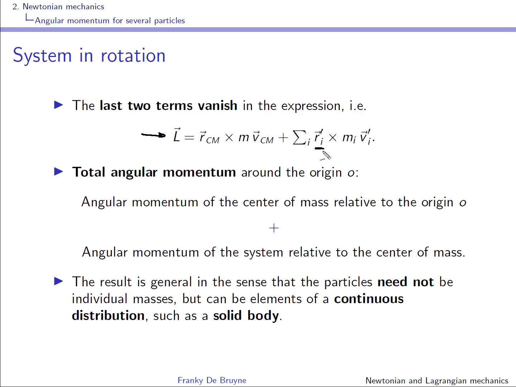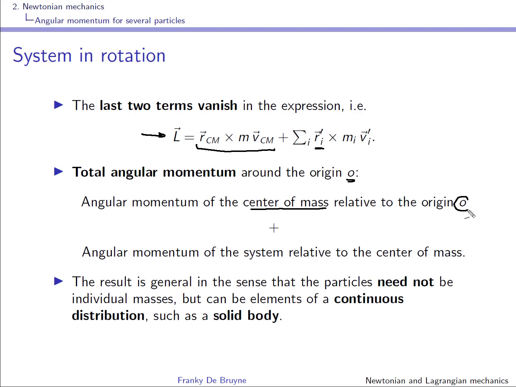Now we can give an interpretation of this. So this is the total angular momentum around the origin Omega, and it has 2 terms. The first term is the angular momentum of the center of mass relative to the origin of your reference frame, right?